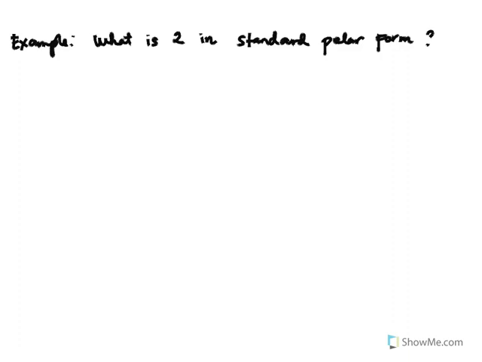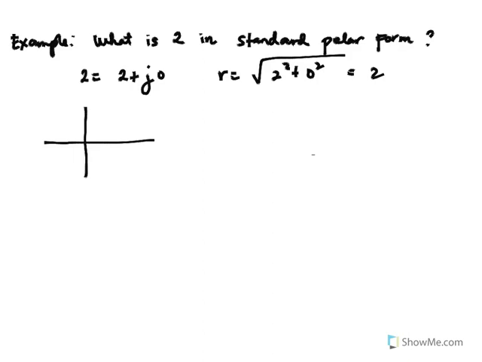Now, what is 2 in standard polar form? Yung 2 ay real number lang, right? So, in standard form, yung 2 natin is actually 2 plus j0. So, pag sinolve natin yung r niyan, that's the square root of 2 squared plus 0 squared, 2 rin yung magiging modulus. Now, pag ginraph natin yan, ang z equals 2 is just this.